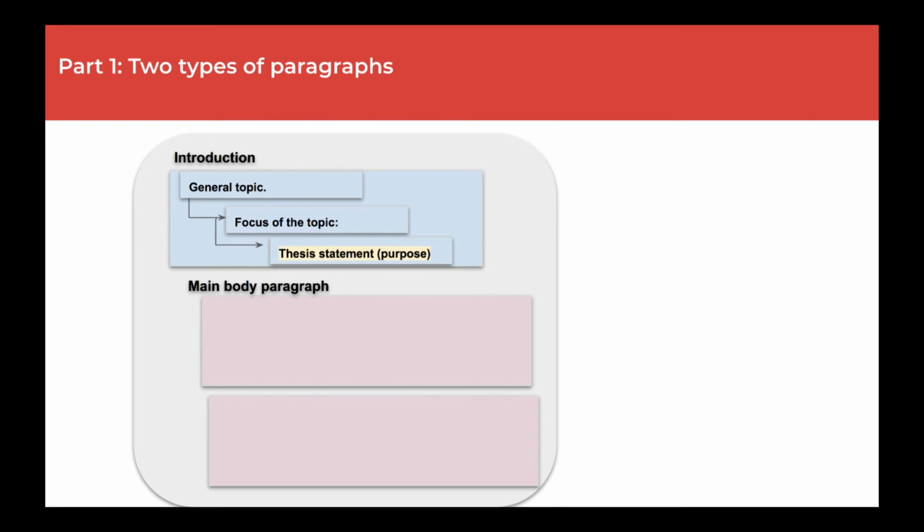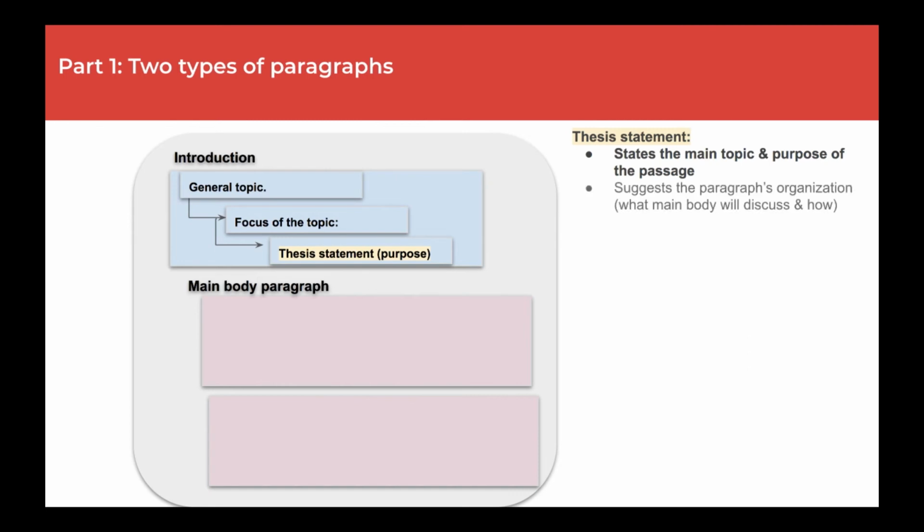So you have to be prepared for variations. The thesis statement is the key because it states the main topic and the purpose of the passage. When I know the thesis statement, I can predict very well what the main body will include and how it will be organized. It suggests also the paragraph's organization, as I have already said.